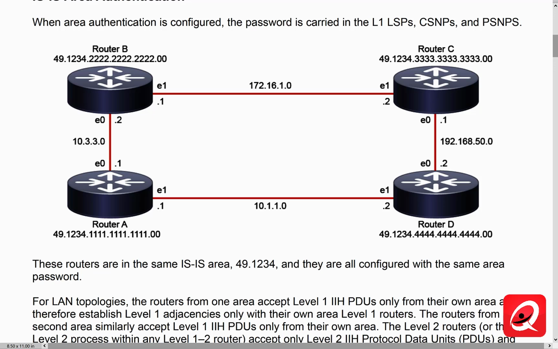49.1234.2222.2222.2222.0.0 represents the address. So the first part of the address is called the area identifier. All right, that's the first 3 bytes, and that represents the area ID. The first byte in this particular example, 49, is what we call the AFI, the address family identifier, which is equivalent to the IP address space that's assigned to the whole autonomous system.